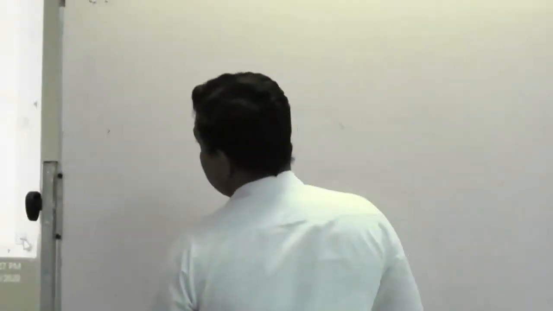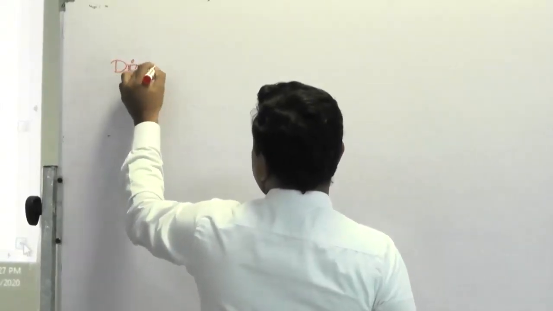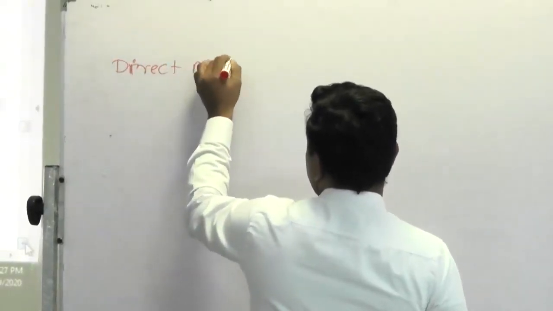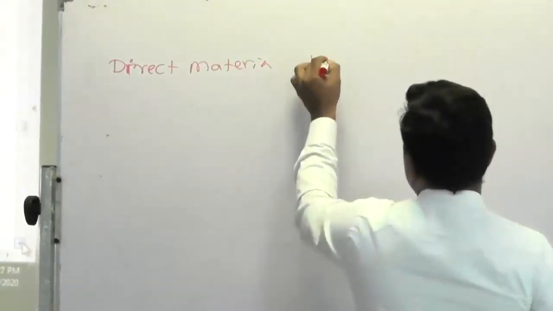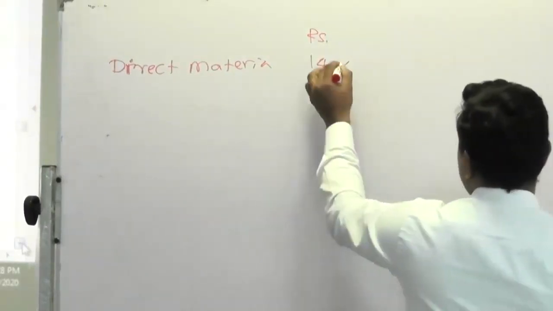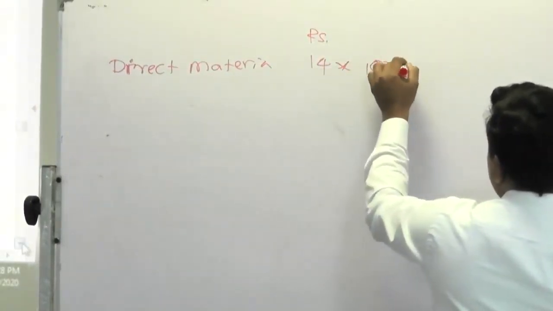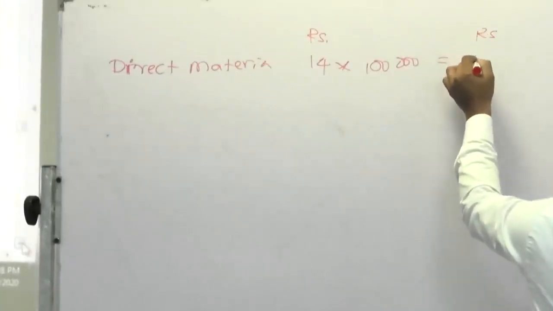According to the information they have mentioned, direct material you require 14 rupees per unit. Therefore, to produce 100,000 units, you need 14 lakhs, that is 1.4 million.